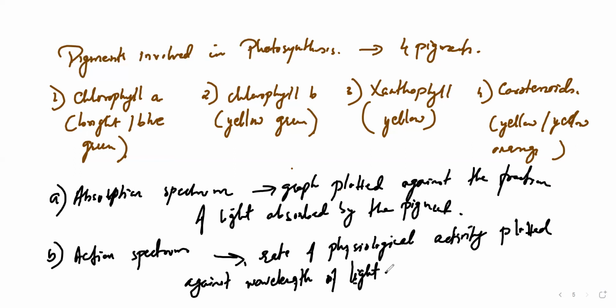Okay, so these particular pigments, or you can say the photosystems, are organized where? In the thylakoid membrane, which has two photosystems that we are going to see, PS1 and PS2.